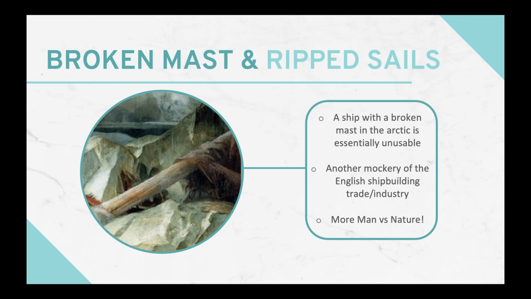English, Welsh, Scottish, and Irish shipbuilders were proud of their works, and the owners and investors in the industry were likely to be among the viewers of this image when it debuted. British ships were simply the best in the world, and under no circumstance could they ever end up in a state such as that depicted here. But against the forces of nature in the Arctic, Welsh craftsmanship and Scottish timber stood no chance. This was more of that man versus nature theme.